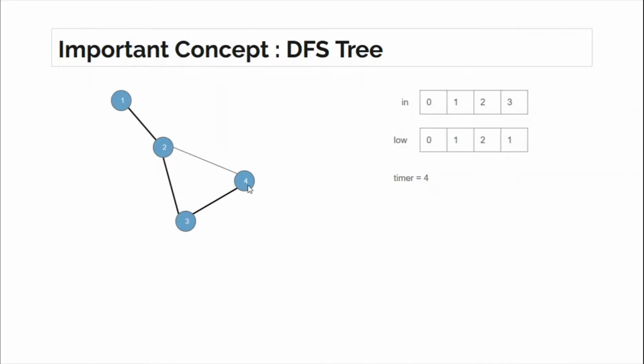Again, if the load time of node 4 is smaller than the in time of node 3, node 4 is connected to an ancestor of node 3, so even if you remove this edge, node 4 is still connected through another path, and hence this edge can't be a bridge.